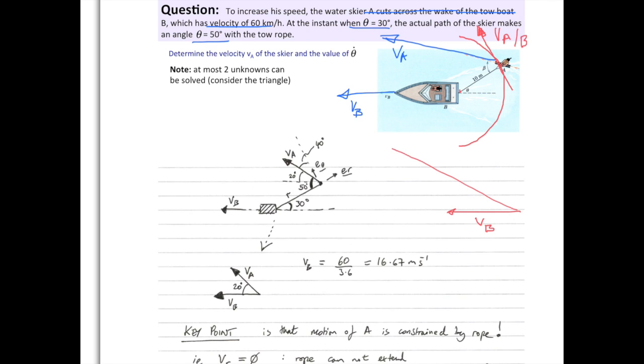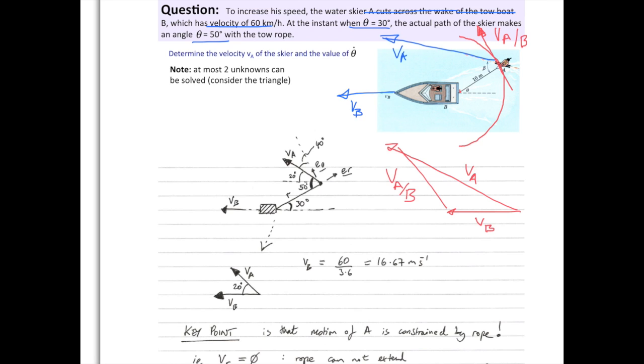So VA like this, and then the relative motion of VA with respect to VB completes the triangle. And the question basically revolves around finding the dimensions of this triangle.